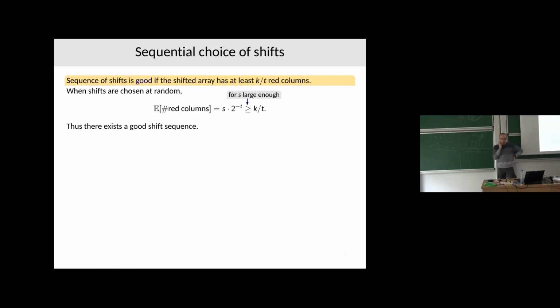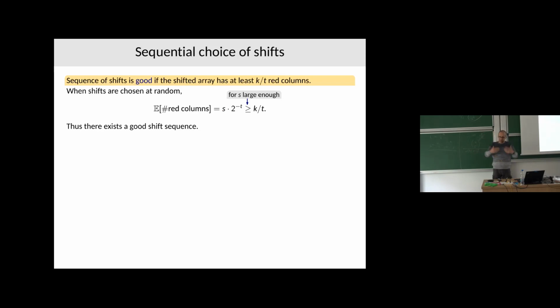Okay, this is a repeated argument that there is a number of columns such that if you choose the shift randomly, there are k over t monochromatic columns in expectation. Okay, so it looks like an overkill, because we need just one sequence of shifts, which is good.